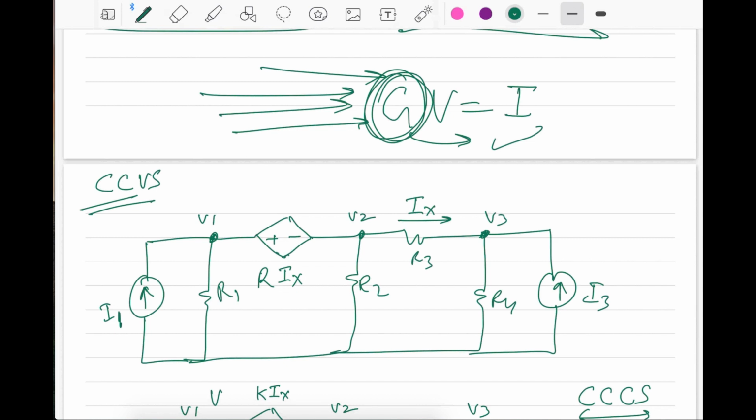Sir, what is the Gauss-Jordan method? It is written in the syllabus that after Cramer's rule you will teach the Gauss-Jordan method, and first order networks. Can you come again? I cannot hear you properly. Sir, you told us Cramer's rule for solving that matrix. So what is the Gauss-Jordan method?